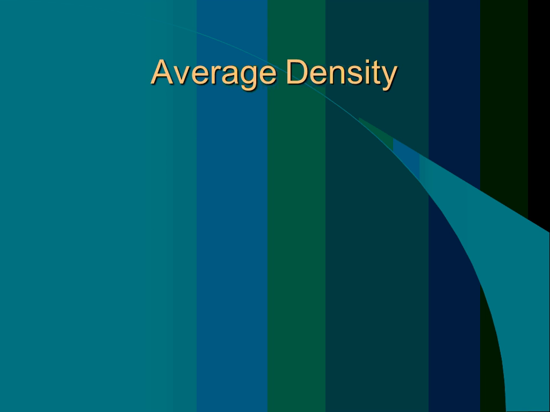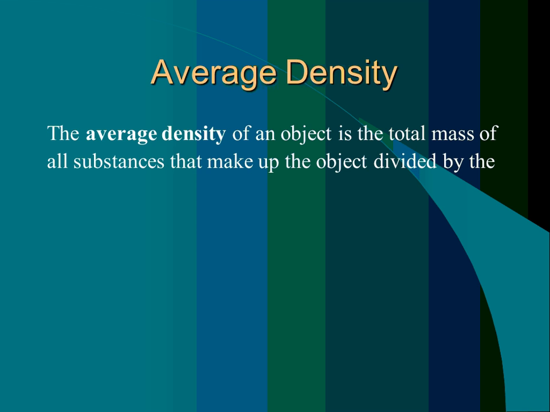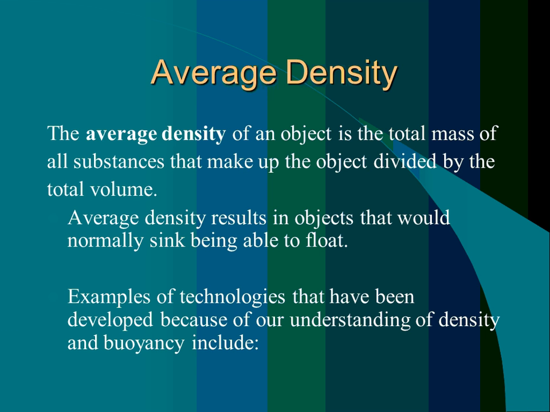Average density. The average density of an object is the total mass of all substances that make up the object divided by the total volume. Average density results in objects that would normally sink being able to float.